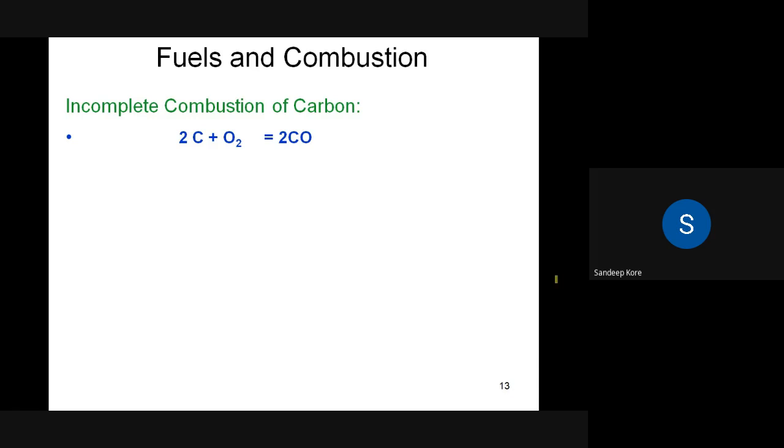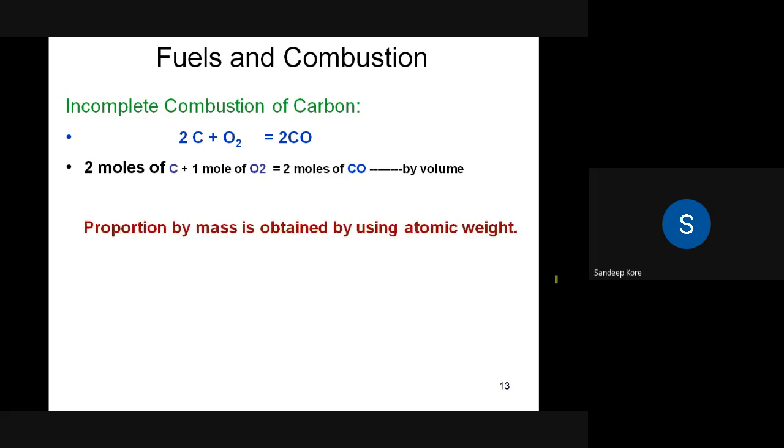So write down this combustion reaction. Yes, anybody of you? As per the volume, 2 moles of carbon requires 1 mole of oxygen. It is going to form 2 moles of carbon monoxide.